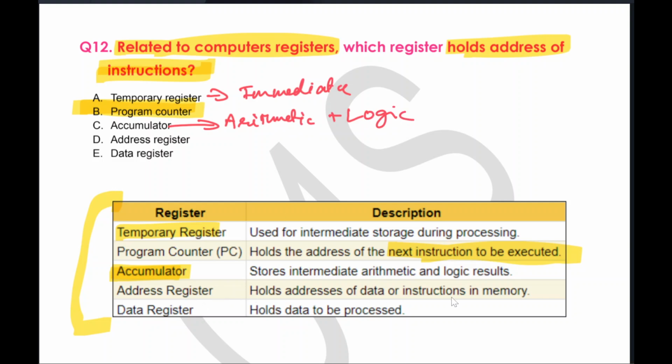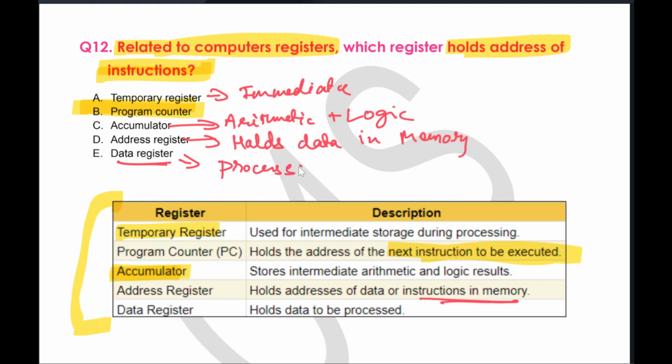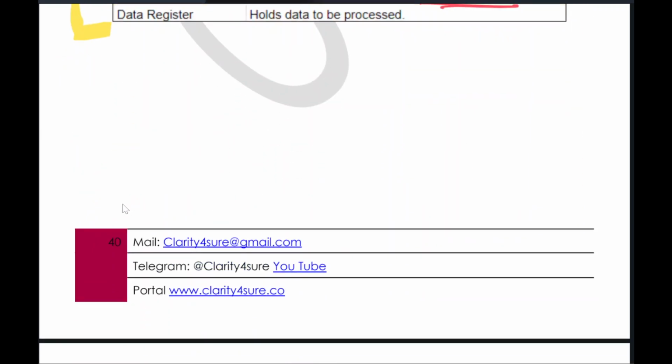Address register holds the address for data in memory. Then we have data register, which holds data that is going to be processed. So the correct answer is the one that holds the address for instructions, that is program counter, PC.